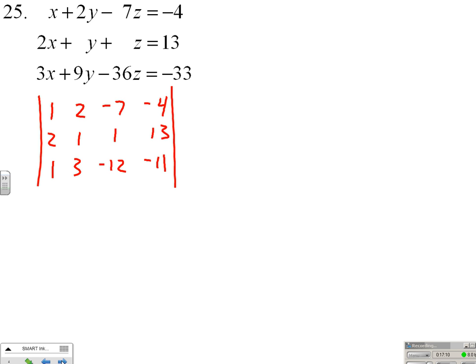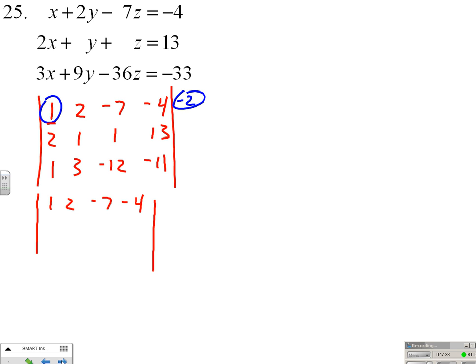Okay, step 1. I would like 1 to pay a visit to the 2 and 1 beneath it. But if 1's going to visit 2, better go there in the form of -2. I'm going to multiply row number 1 by -2, add it into the second row. First row does not change.